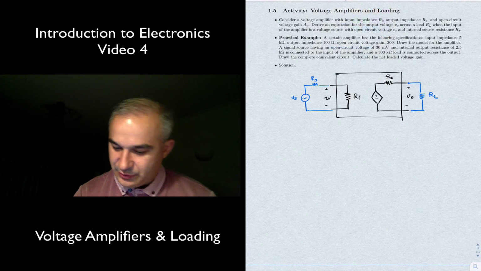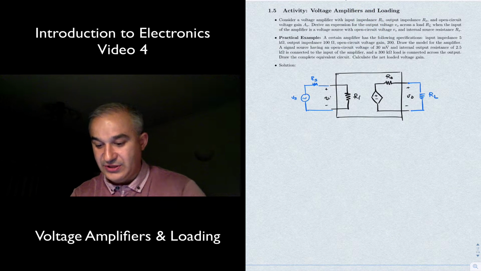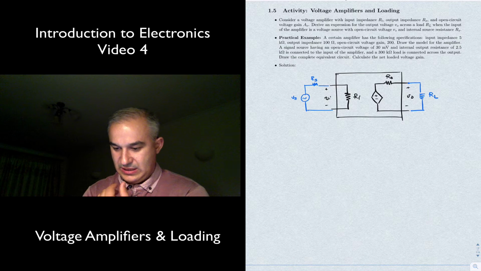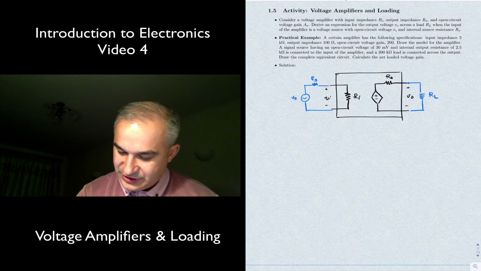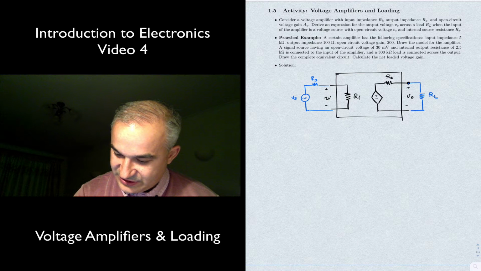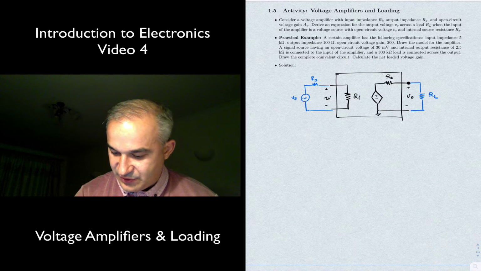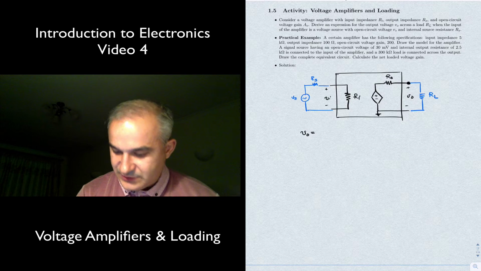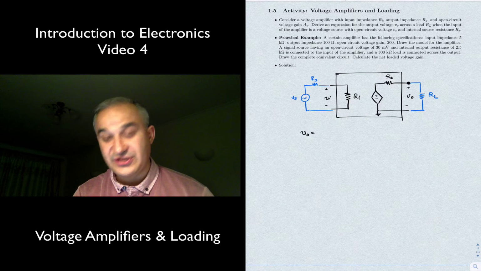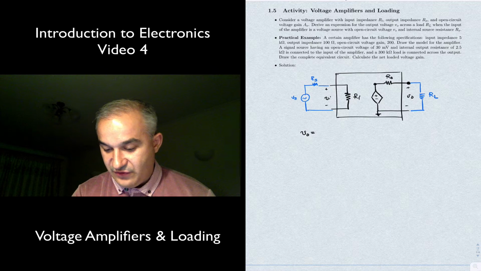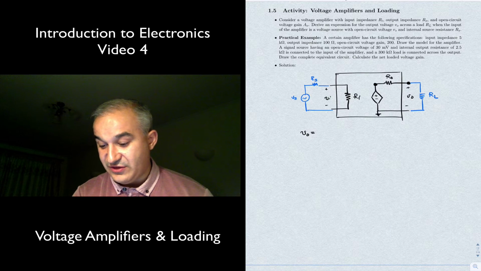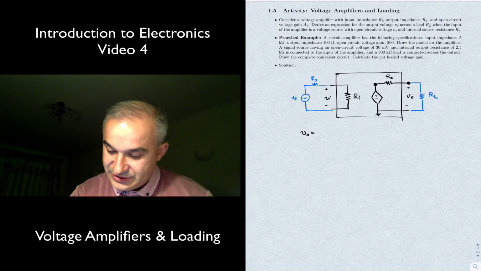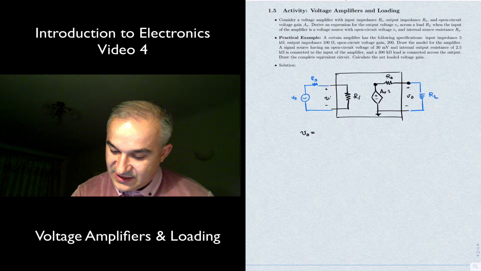So what we are asked to do is to derive an expression for the output voltage for this circuit. Let's do it. So the output voltage, the voltage at this node, assuming that this is our ground, V output, it's pretty straightforward, right? We have a voltage divider. If we know the voltage here, we have a voltage divider. Now, what is the voltage there? This is AV times V input, right?